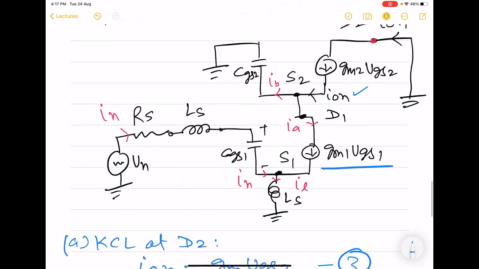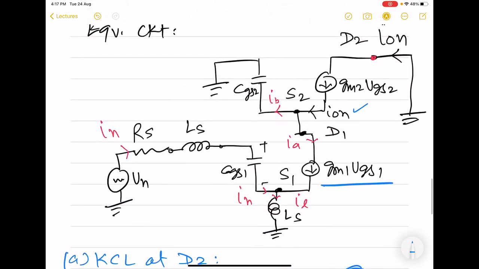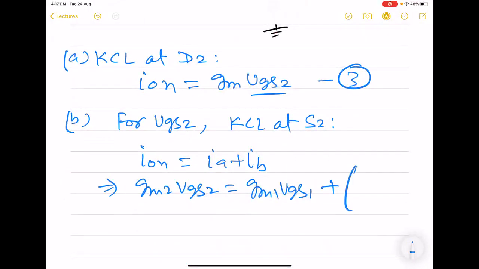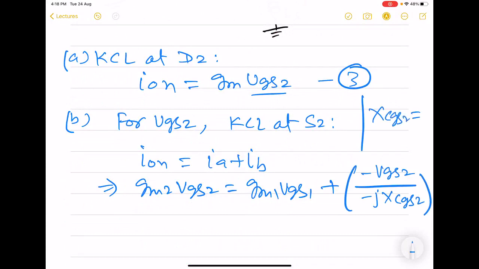And IB is the current flowing through this capacitor CGS2, where we have voltage VGS2. So this VGS2 divided by the reactance of CGS2 gives IB with a negative sign. So minus VGS2 divided by minus jX CGS2, where X CGS2 is 1 by omega CGS2. So we have taken the j term outside.